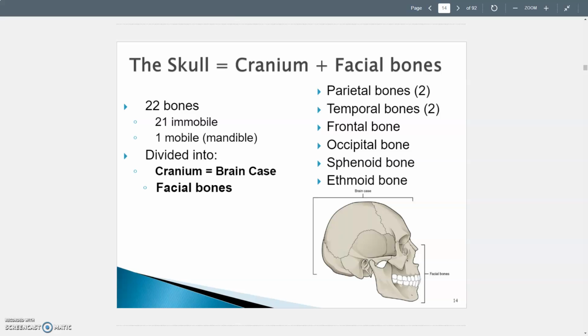The bones that are listed here are the cranium, which is your parietal bones, temporal bones, frontal bone, occipital bone, sphenoid bone, and ethmoid bone.